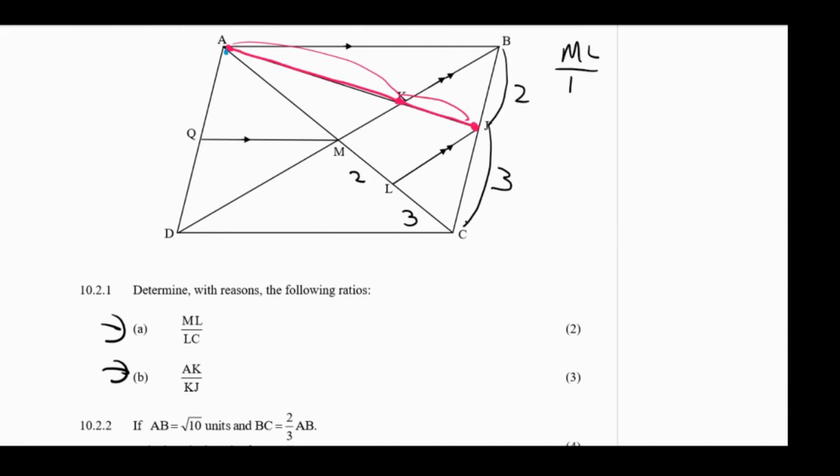ML over LC equals 2 over 3. It's what we found previously. And we know that MC is actually equal to 5, right? So MC from this point M to C is 5, and that 5 is equal to this portion here. So MC equals AM equals 5.